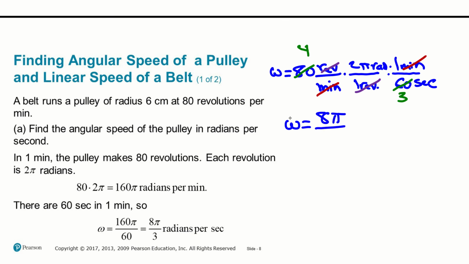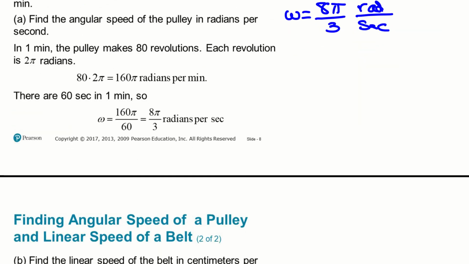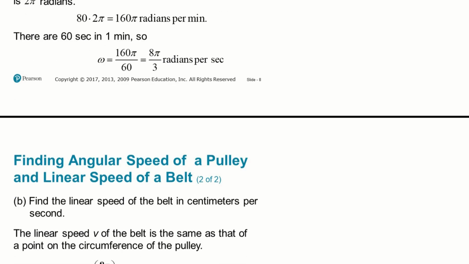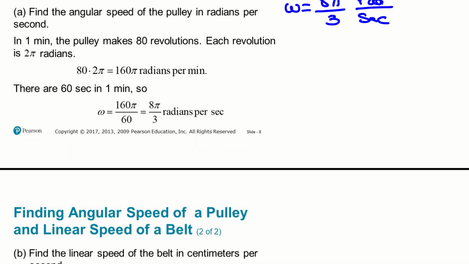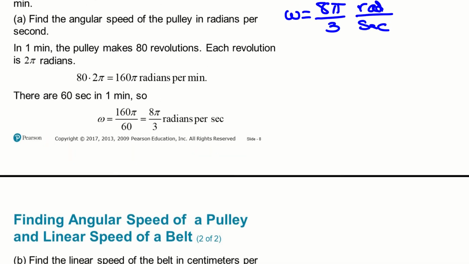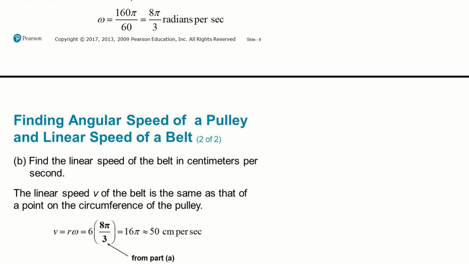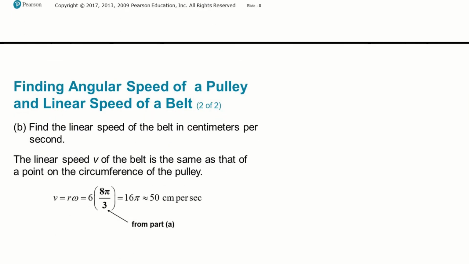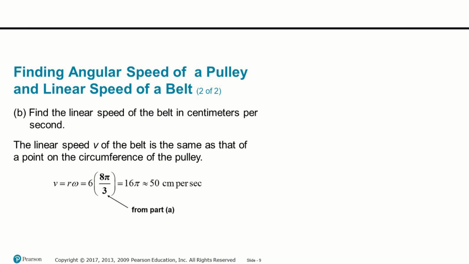Downstairs we have a 3, and that's going to be radians per second. Okay, so that's all there is to the first part of this problem. So omega equals 8 pi over 3 radians per second. All right, so now they want you to find the linear speed of the belt in centimeters per second.